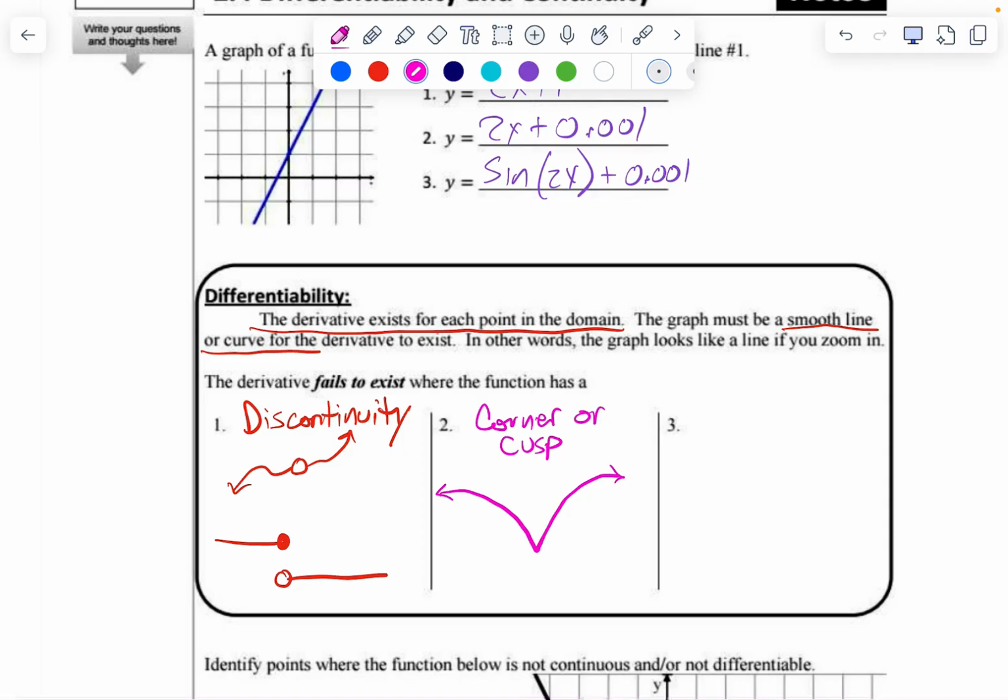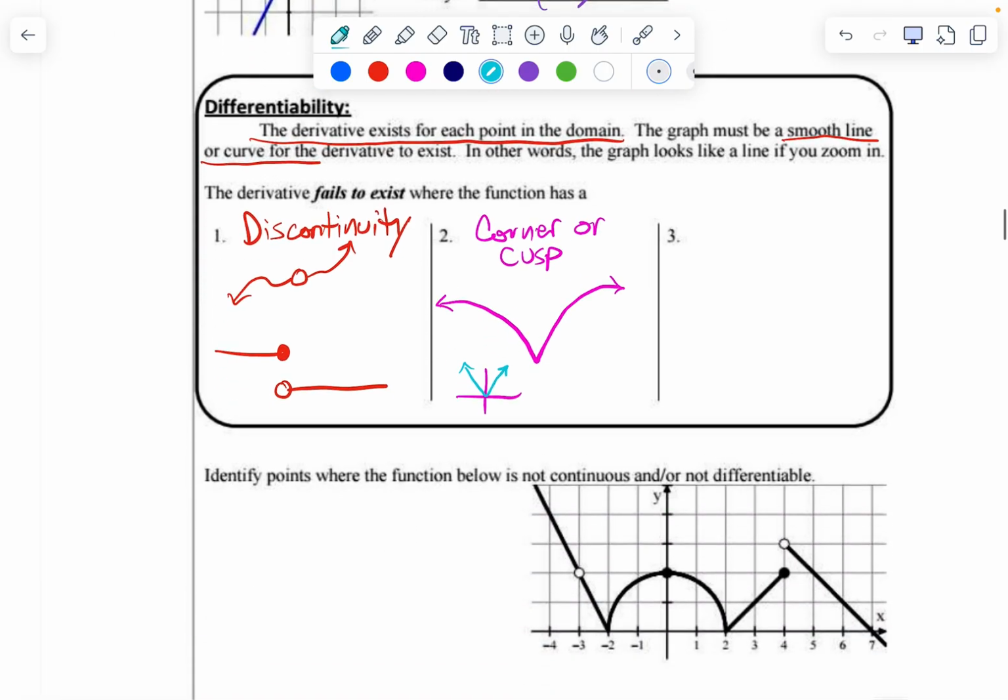I'll explain why in a second. What about this function? See if you remember the name of it. Yeah, it has a corner, right? So that sharp point, the vertex of that absolute value graph, is not differentiable at that point. It's differentiable elsewhere, but not at that point.